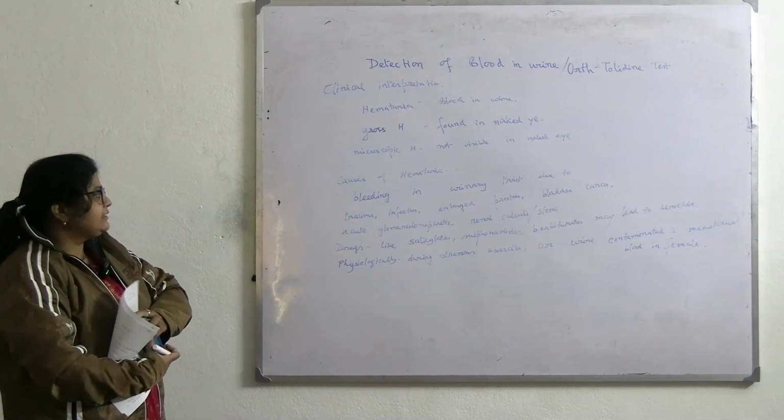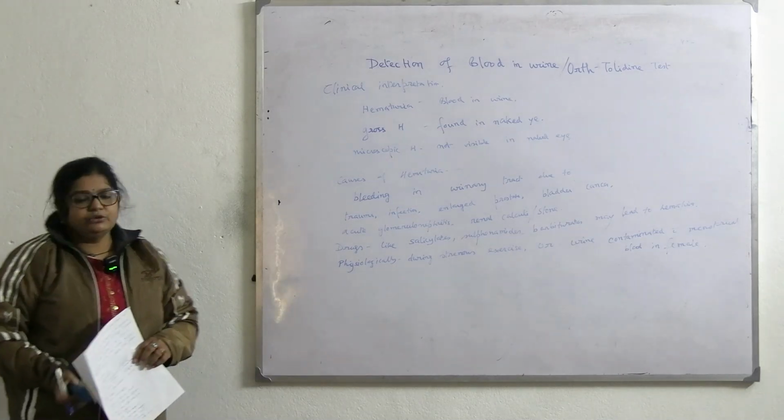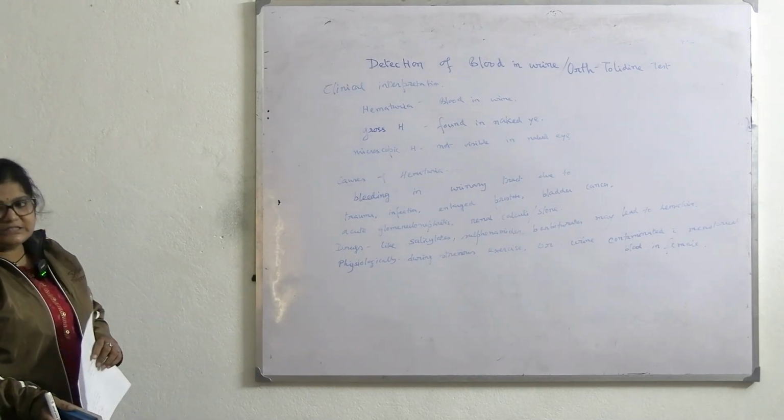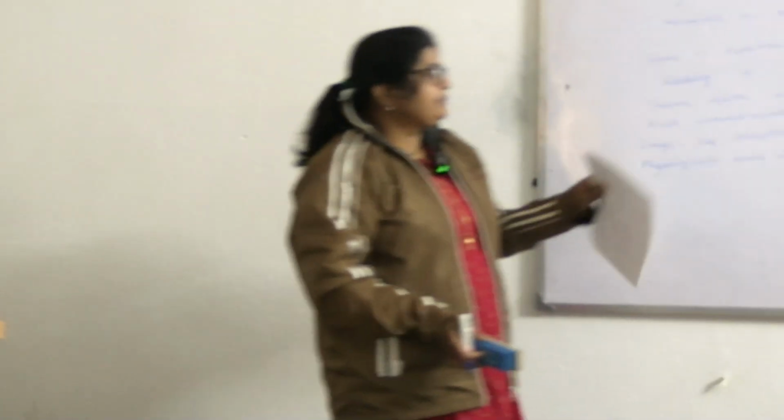Bleeding in the urinary tract may be due to trauma, stone formation, infection, enlarged prostate or bladder carcinoma, acute glomerulonephritis, or drugs like salicylate, sulfonamide, barbiturates, or physiologically during strenuous exercise, or contaminated with menstrual blood in female.